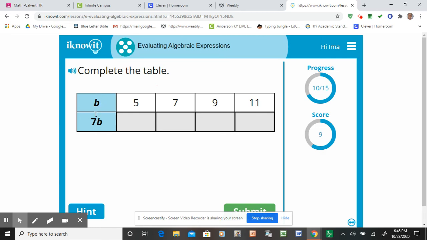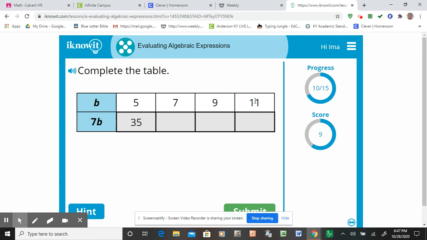Now, what I gather from this is this is 7 times what b is. We haven't seen a table like this, so you're going to have to really think about this. If 5 is b, what is 7b, or 7 times 5? 35. Right here. Let's do this one on the end.